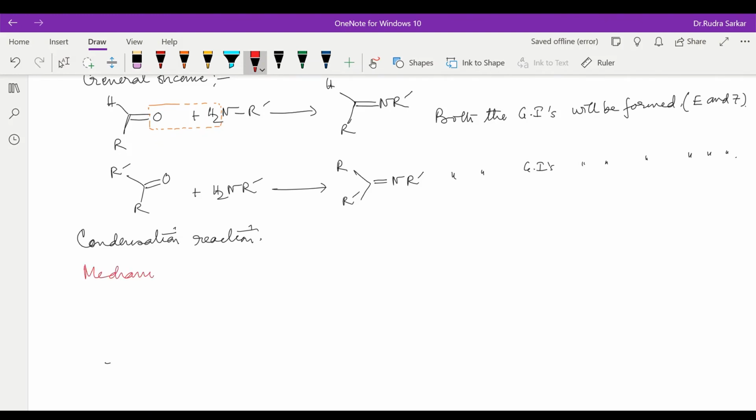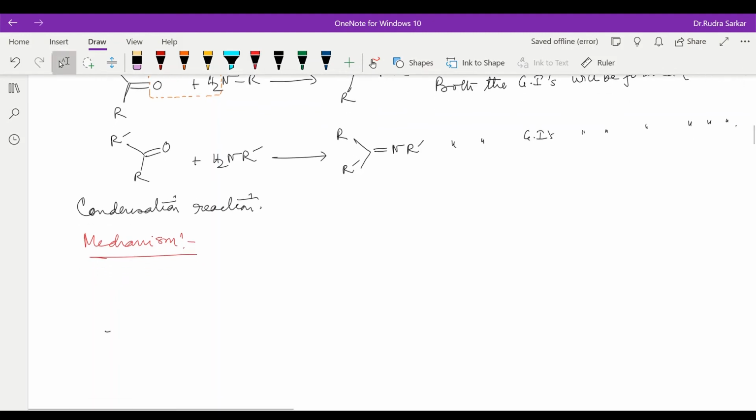Okay, mechanistically, if you want to check, then this is what it is. Suppose I've given you an aldehyde, which is R, this, in presence of a weak acid.